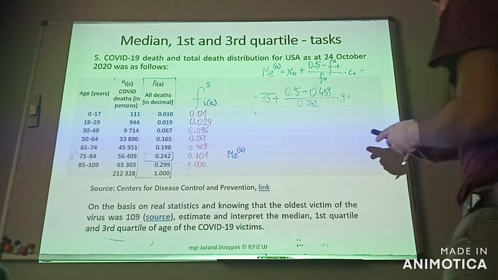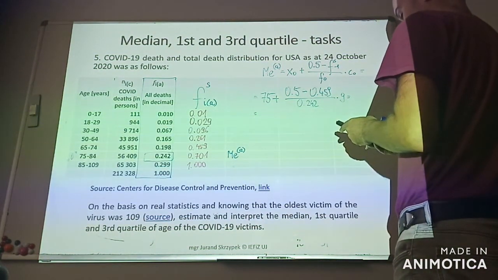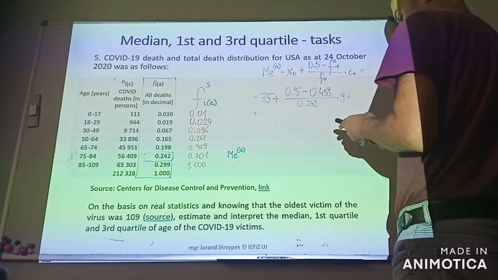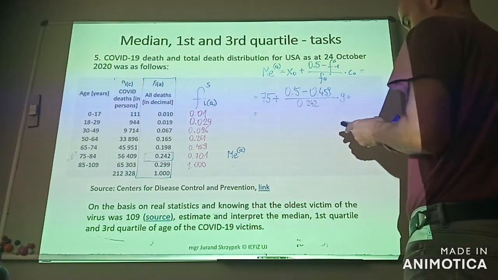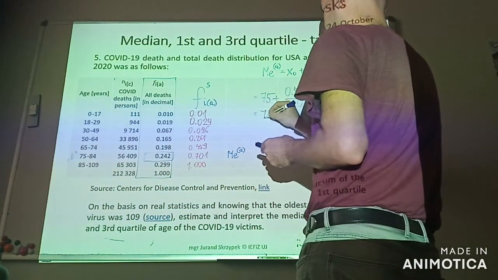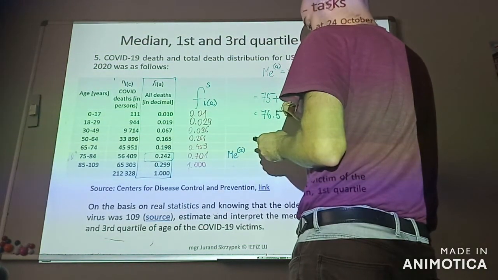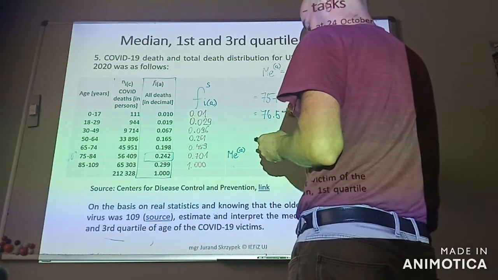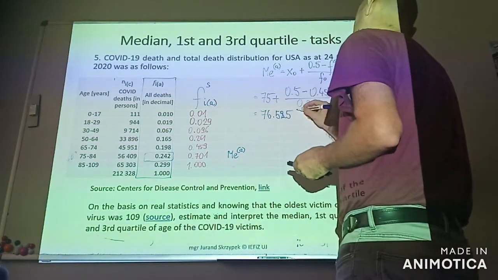And the final result is a half minus 0.459 divided by 0.242 multiplied by 9 and plus 75. It's 76.525 years.